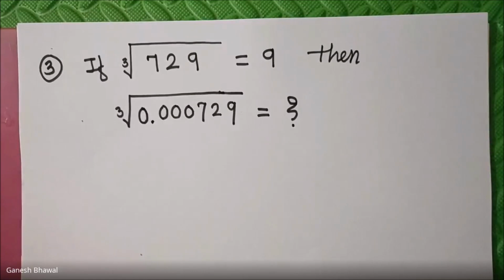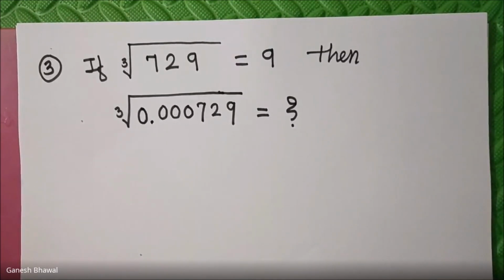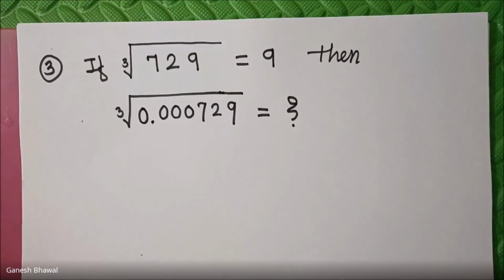If after the decimal point 1 digit is there, then in the cube of that number after the decimal point there will be 3 digits. If in the given question after the decimal point 2 digits are there, and we have to find its cube, then in the answer there will be 6 digits after the decimal point. Do you remember this?